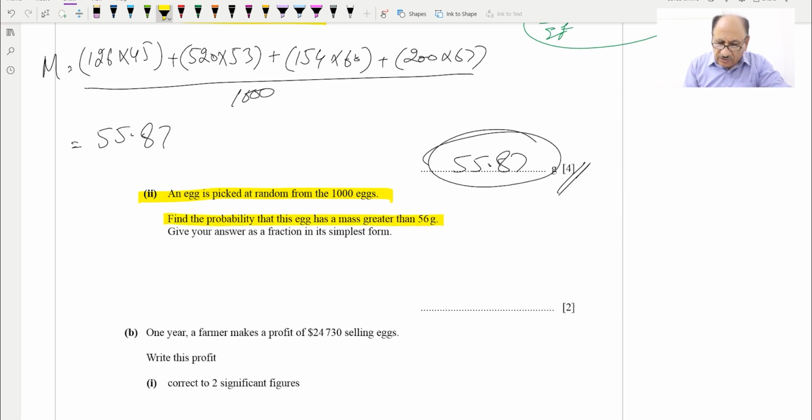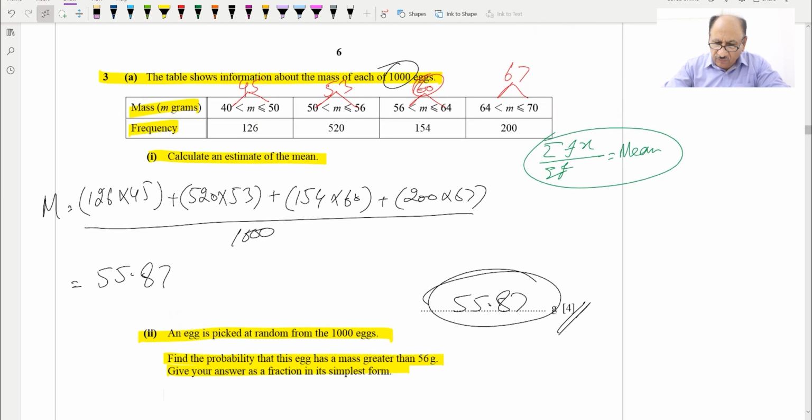Then they are saying an egg is picked at random from 1000 eggs. Find the probability that this egg has a mass greater than 56 grams. Give your answer as a fraction in simplest form. So more than 56 gram will be which portion? Greater than 56 is this one and this one.